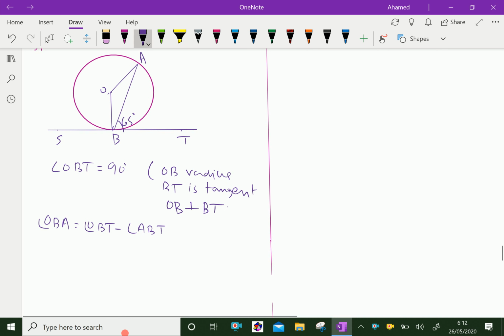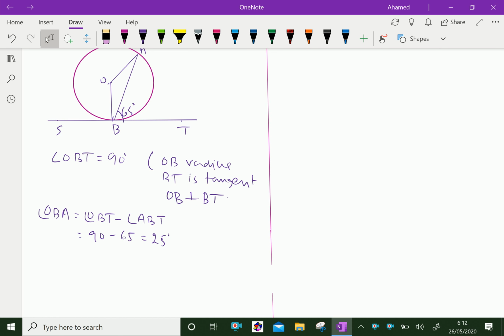Then angle OBA is 90 minus 65, which is 25 degrees. Angle OBA equals 25 degrees.